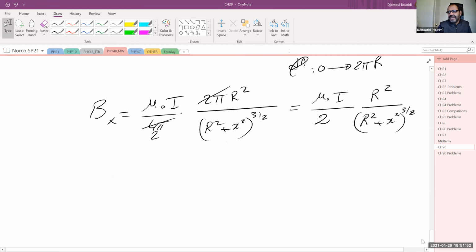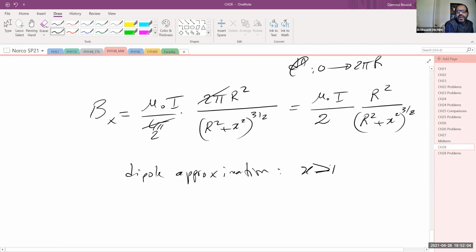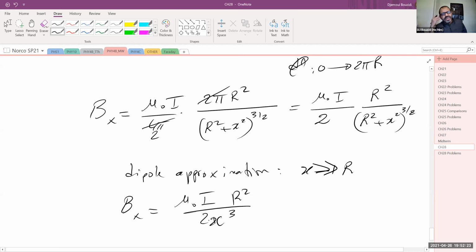As a matter of fact, I can find the expression for the dipole approximation, when x is super big compared to r, then r is neglected in the denominator, and we'll be finding that B is simply, you will have x squared to the power 3/2. That is x cubed. So it's mu naught I times r squared over 2x cubed. Okay, so that is in a sense basically what we have in here.